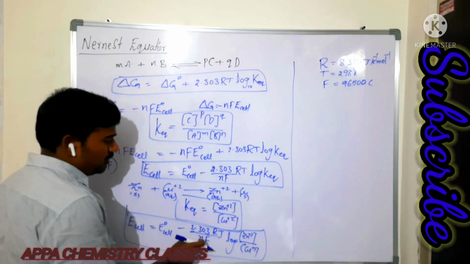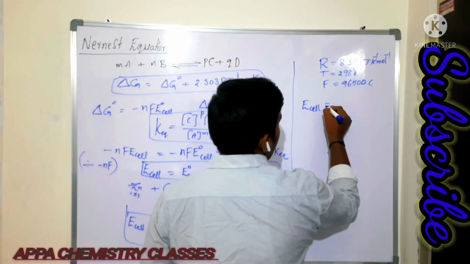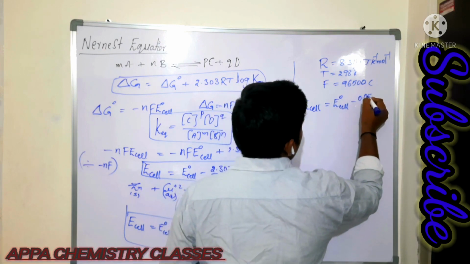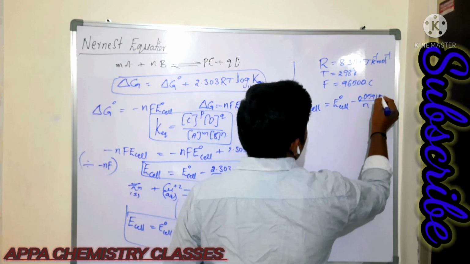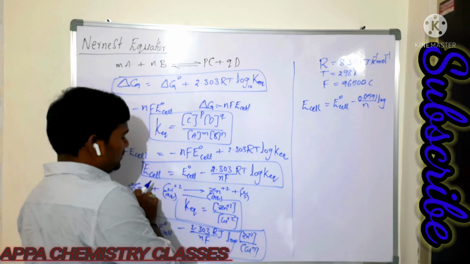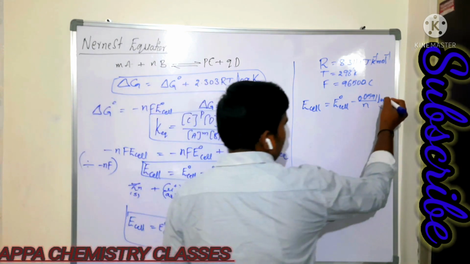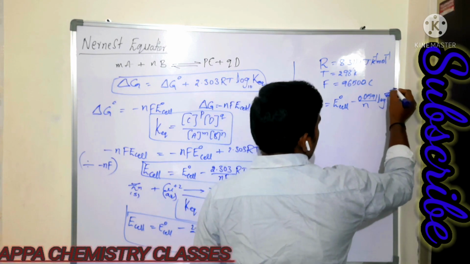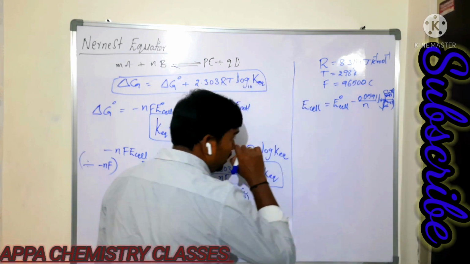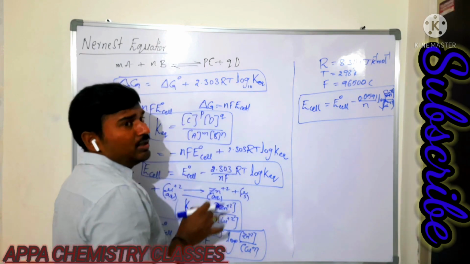Now by substituting all those values and multiplying, you will get the final equation as E cell is equal to E naught cell minus 0.0591 by n log of the oxidized form, that is zinc oxidized to Zn²⁺, by the reduced form, Cu²⁺. This is the Nernst equation for the galvanic cell.